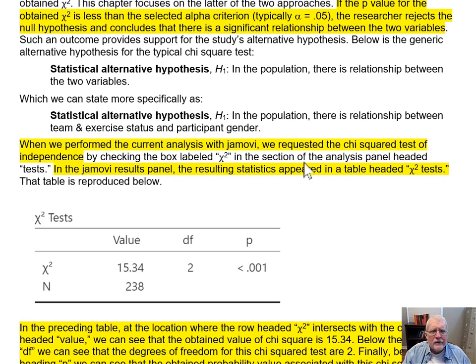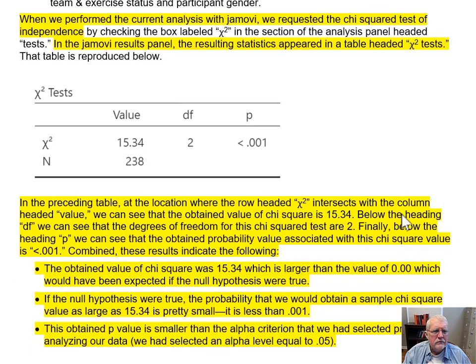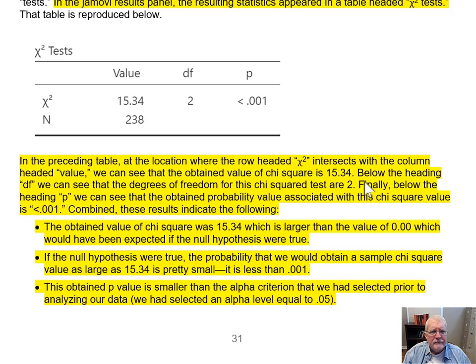When we performed the current analysis with Jamovi, we requested the chi-square test of independence. In the Jamovi results panel, the resulting statistics appear in the table headed chi-square test. That table is reproduced again below. In the preceding table, at the location where the row headed chi-square intersects with the column headed value, we can see that the obtained value of chi-square is 15.34.